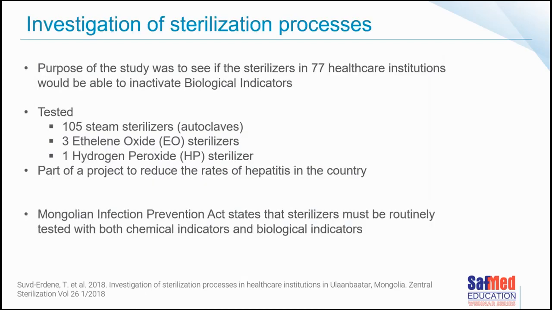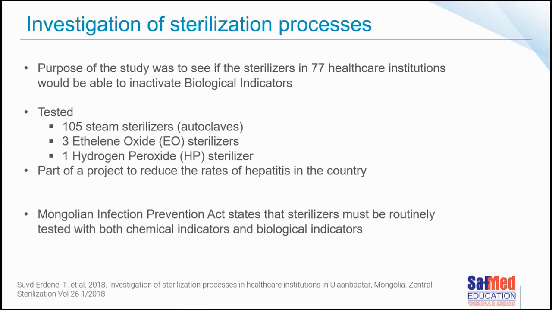So the goal was to investigate their sterilization processes. This research was undertaken in 77 healthcare institutions, and it included dental practices and some hospitals, obviously areas where they perform surgery. And their main goal was to establish whether or not the sterilizers in these departments would be able to inactivate biological indicators.